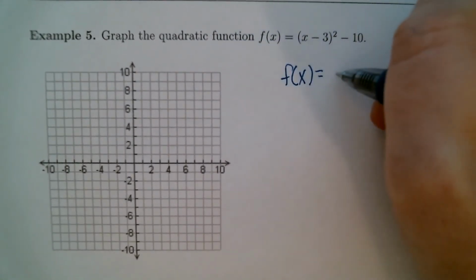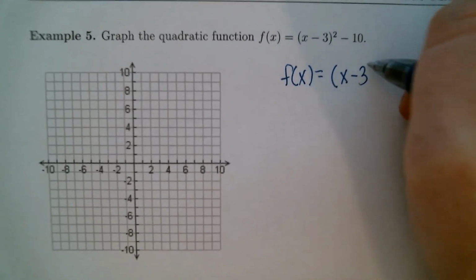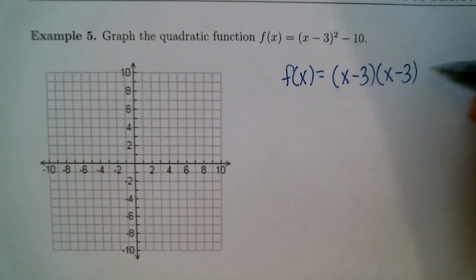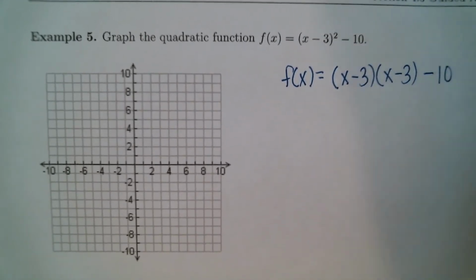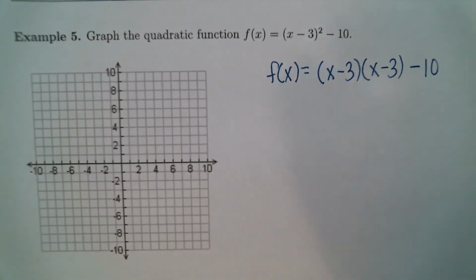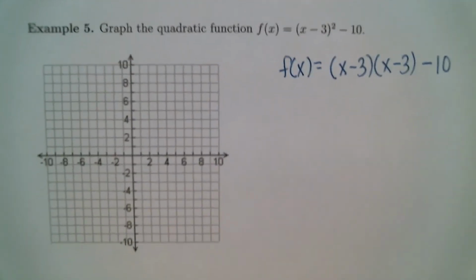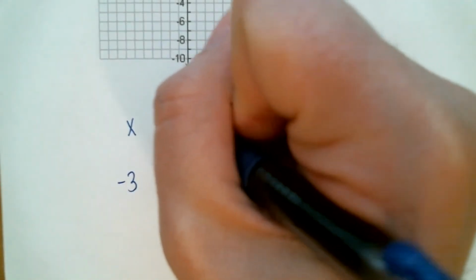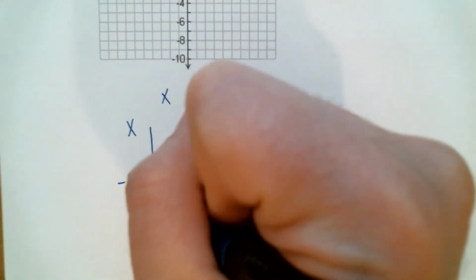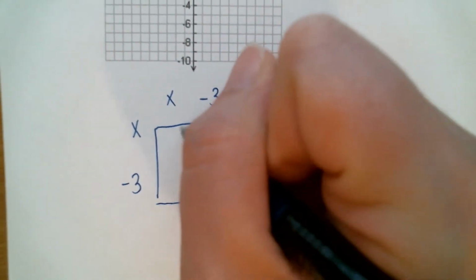Okay, so this is going to be x minus 3 multiplied by itself, okay, and then minus 10. So you can either box or FOIL here. So if you want to go ahead and box this guy, we have x minus 3 and then x minus 3. Make your boxes, okay.